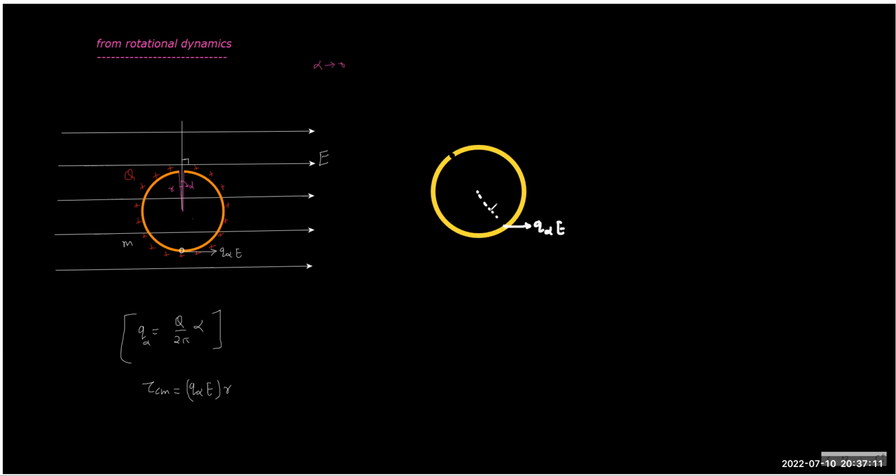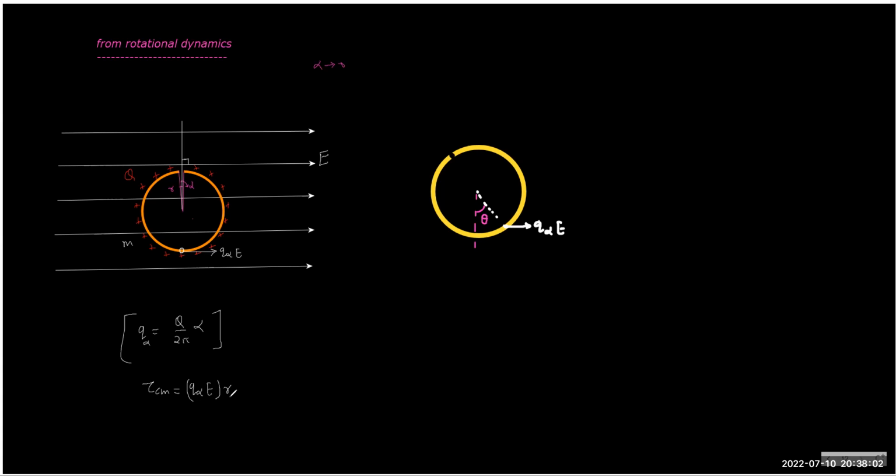We have to write the answer as a function of theta. Why? Because theta is variable.